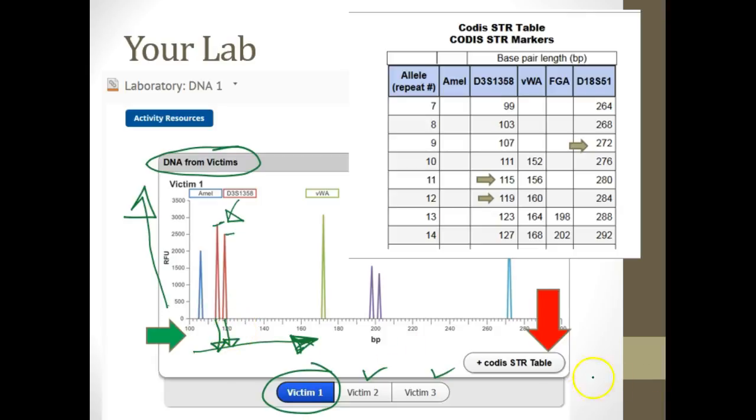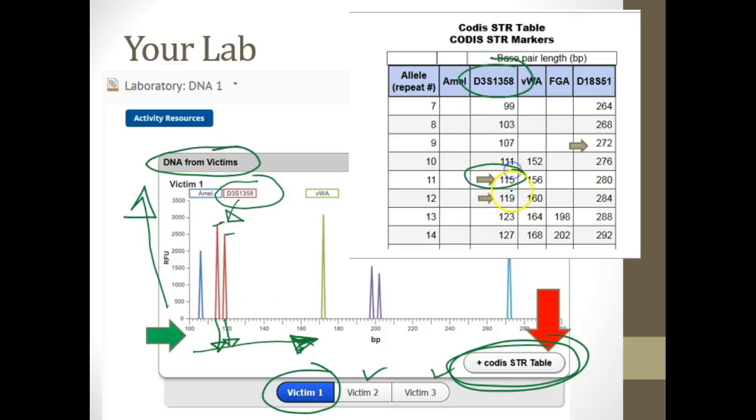Now here's the part that a lot of students don't notice. You need to click this button right here and this chart pops up. Since we're looking at the D3S1358, you're going to look at, did we have a peak at 115? Yes, we did.